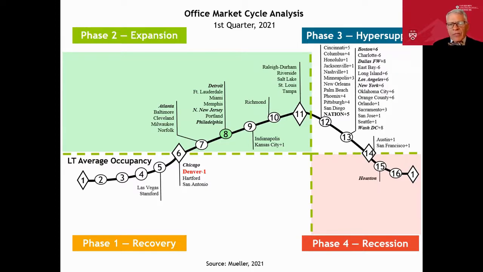And after each city, in some cases, you see numbers, a plus or a minus, and that just tells you where it's moved from the previous quarter. So at point 12, you see Cincinnati at the top with +5, which means Cincinnati was at 0.7, just coming into the growth phase, the previous quarter. And now, based on the forecast for what's going to happen to it, it looks like its occupancies are going to be starting to head down.